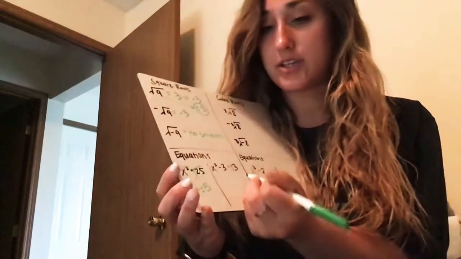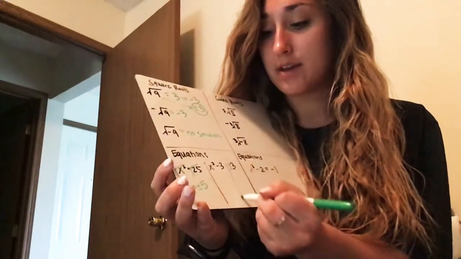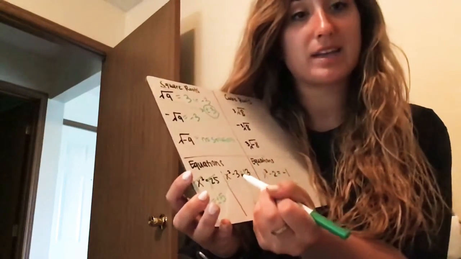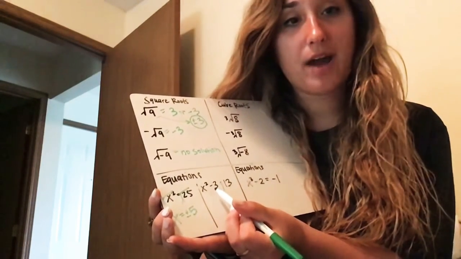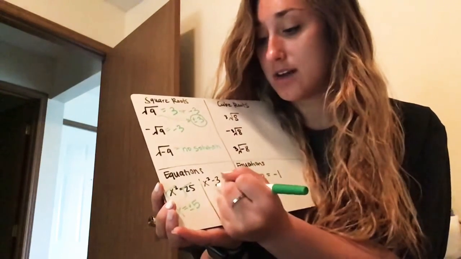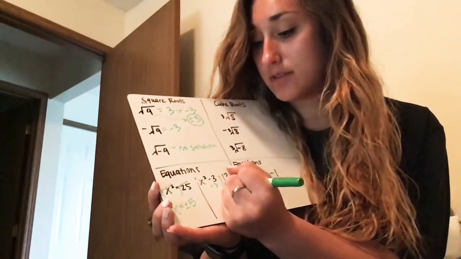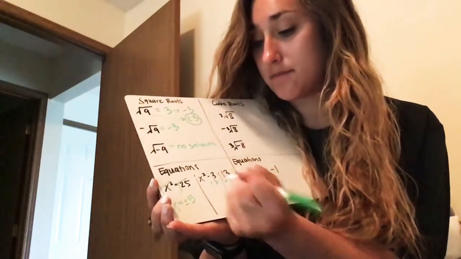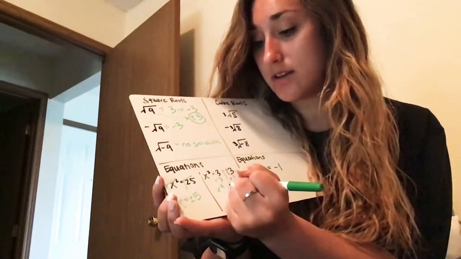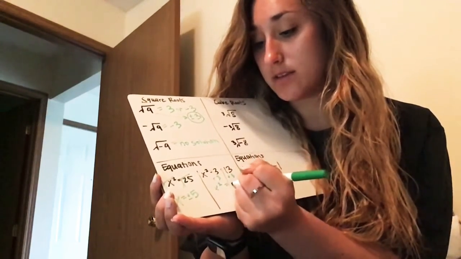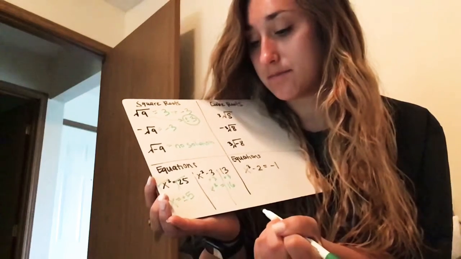This next equation has 2 steps because we have x squared and we also have this minus 3. So remember, when you have a minus 3, to undo that, you would add 3 to both sides. That gets rid of the minus 3 over here, leaving us with x squared equal to 13 plus 3, which is 16.